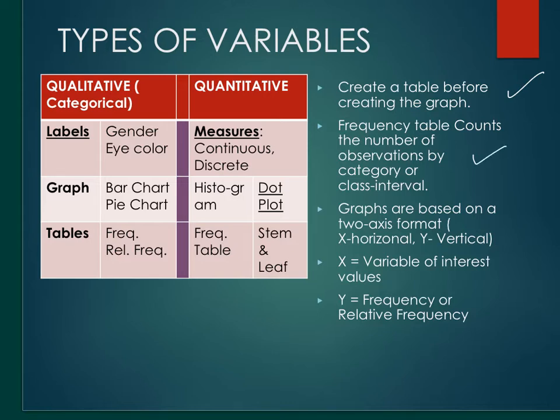And then from the table, we will graph based on a two-axis format, an X horizontal and a Y vertical. The X-axis is going to contain the variable of interest values, and for qualitative variables, it will be a category. Finally, our y-axis will contain frequency or relative frequency. We will show you those in just a second.